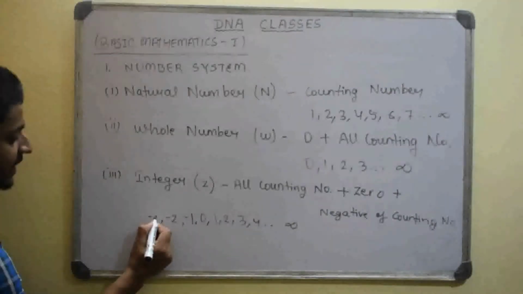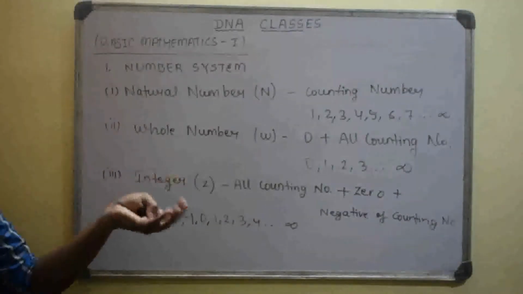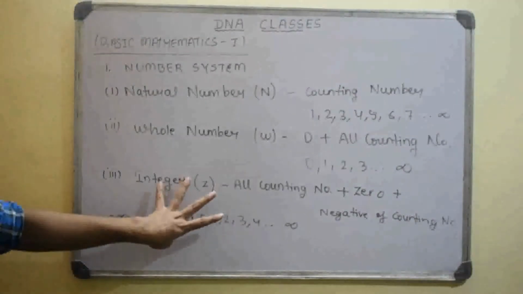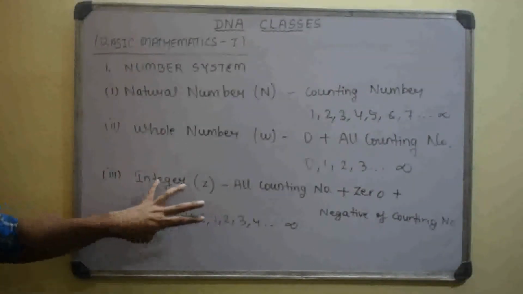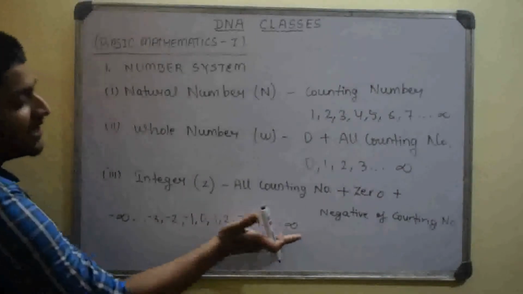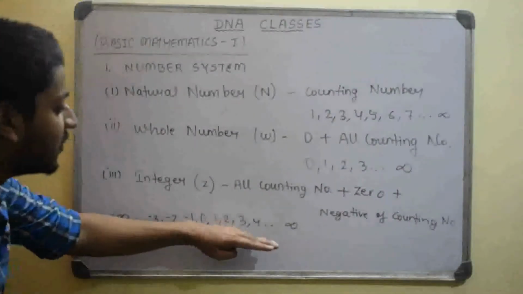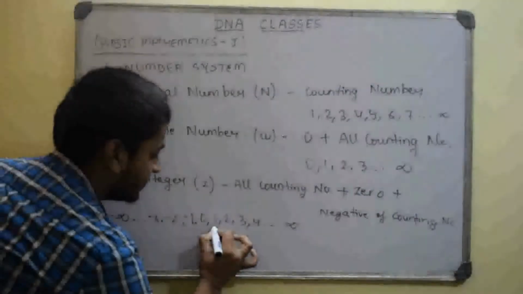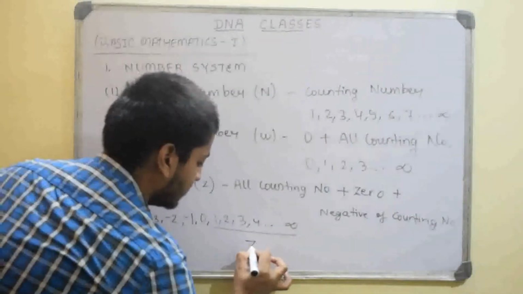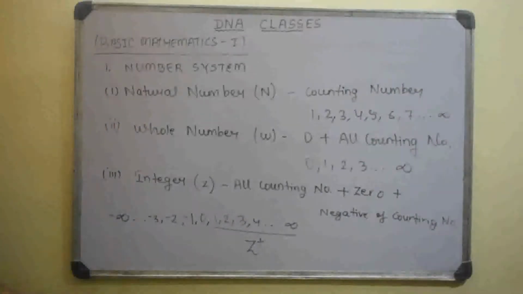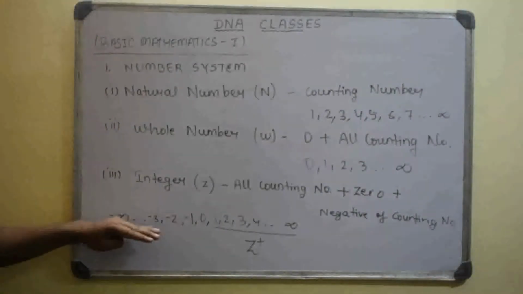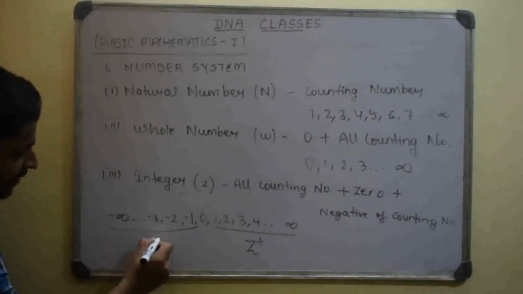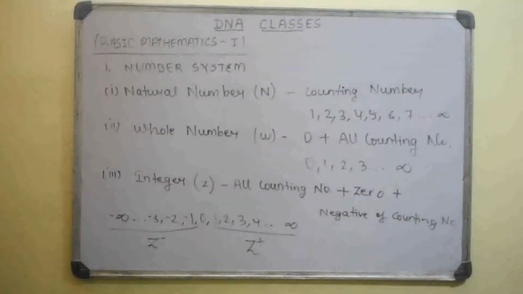Similarly, -3 till -infinity. So in integer, what we have seen is this part of the integer is positive. If this part of the integer is positive, we will denote it by Z plus. And this part of the integer is negative, so we will denote it as Z minus.